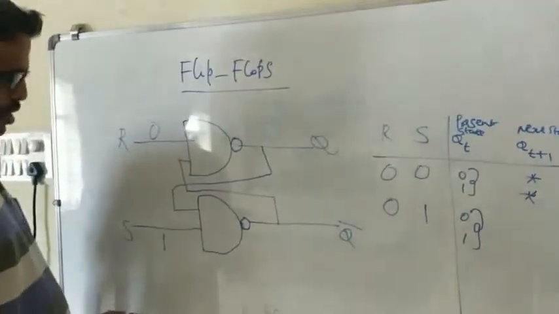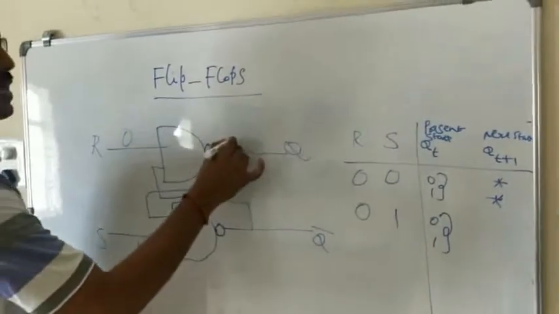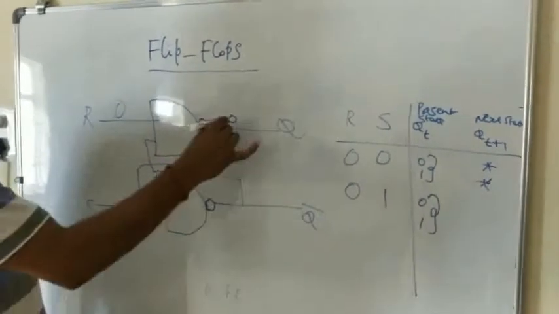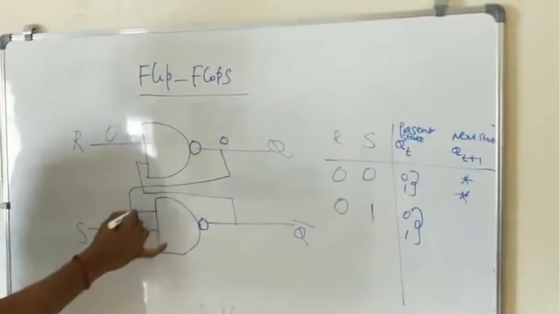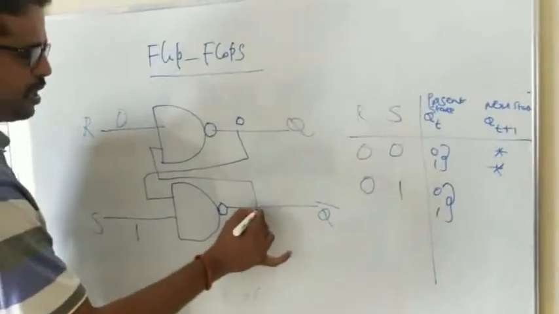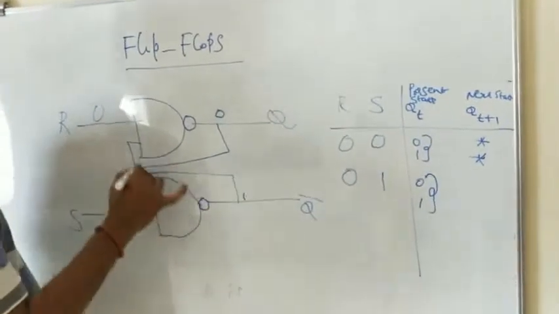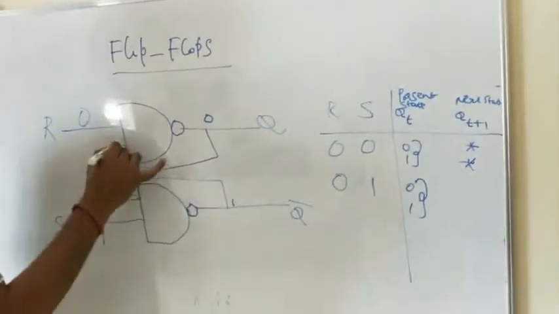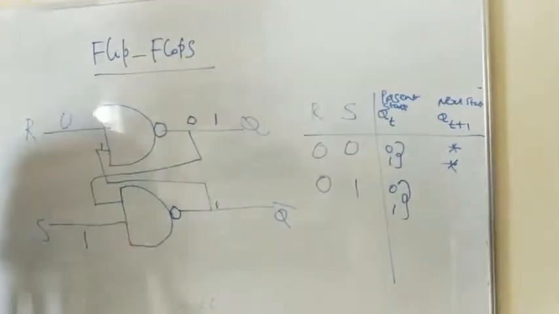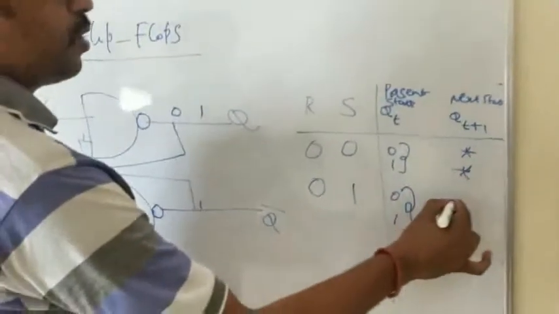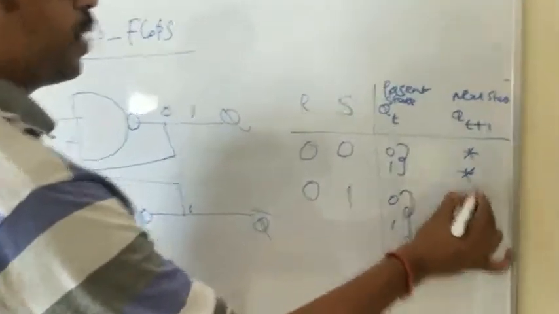Now we are going to assume the Q value as 0. This 0 will come here, the output here would be 1, and if this 1 goes here, the output becomes 1. So when Q is 0, Qt plus 1 is 1.